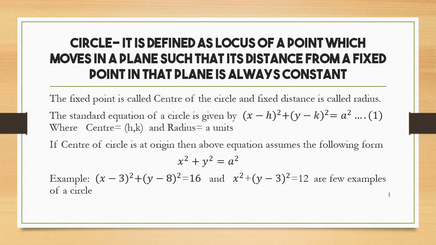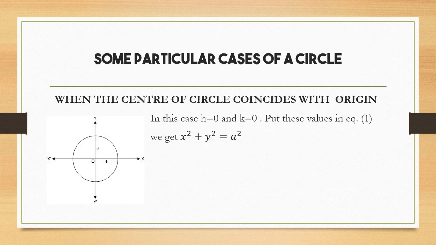Now we will move on to the next case. We will discuss the different types of circle we can have, as particular cases of a circle. In the first case, the center of the circle coincides with the origin. In this case, h is 0 and k is also 0.